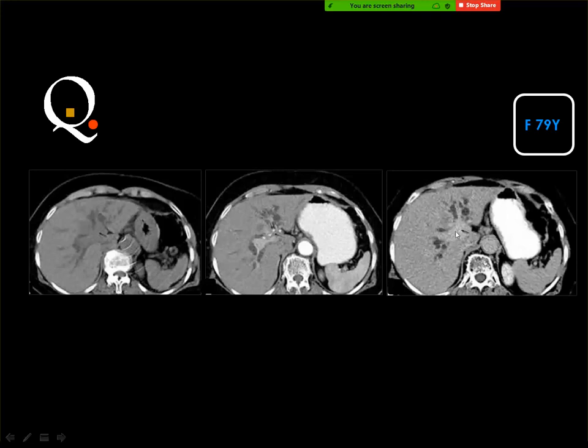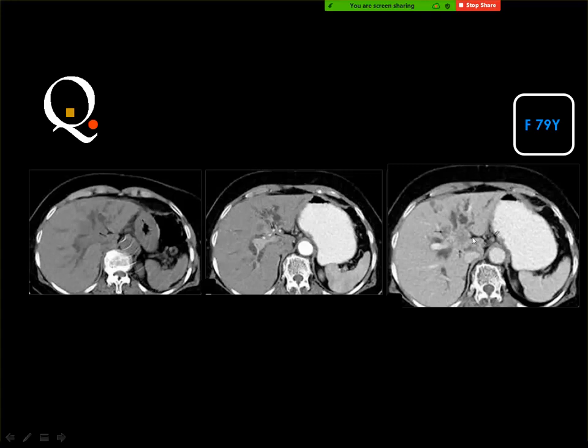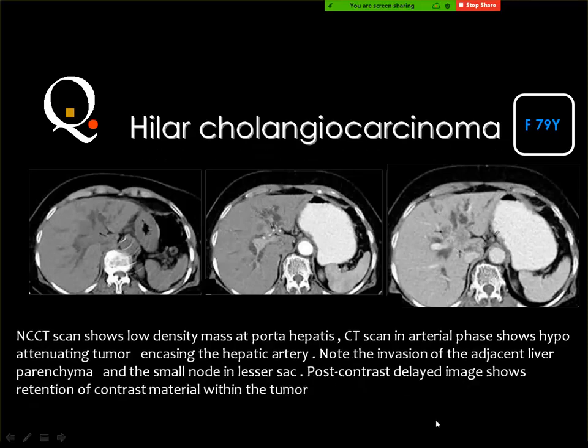This enhancing mass, yes, cholangiocarcinoma of the liver, and there is some biliary radical dilatation. Then you consider cholangiocarcinoma. Yes, and this is the delayed film where you see some wash out of contrast from the tumor, and you can clearly also see the dilated biliary radicals.